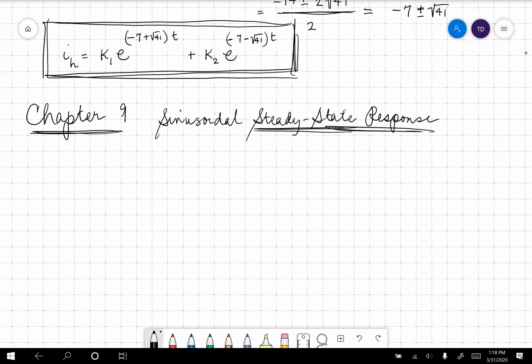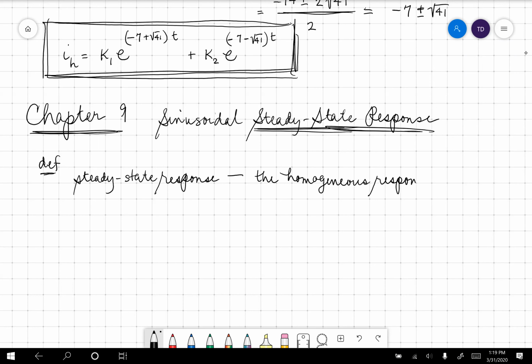So when we say we're looking at the steady-state response, it means the homogeneous response has died out, and there's only the forced response left.